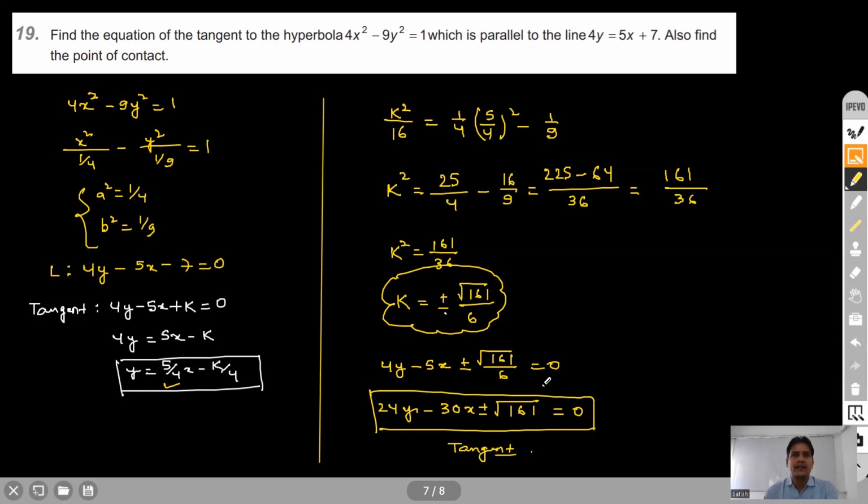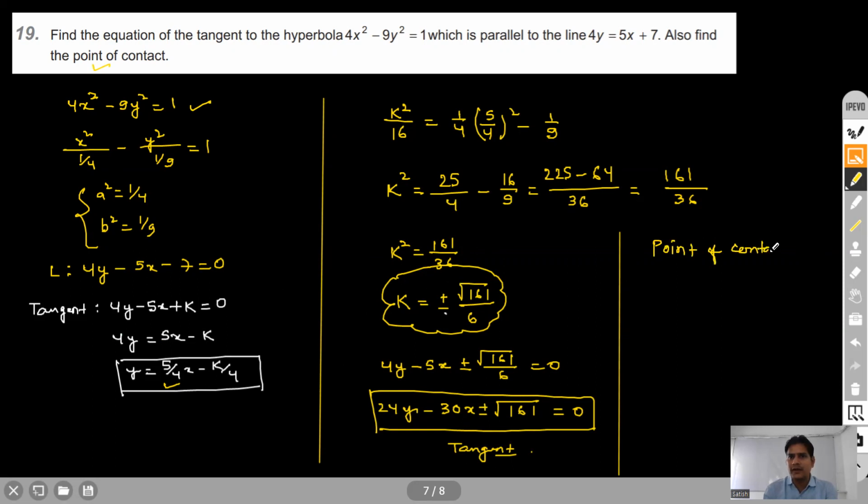Okay. Now it is also asking the point of contact. So basically, you can find the point of contact. You have the equation of the tangent, and you have the equation of the hyperbola. So anyhow, you can solve these two equations and you can have the point of contact. But I'm not going to solve it.